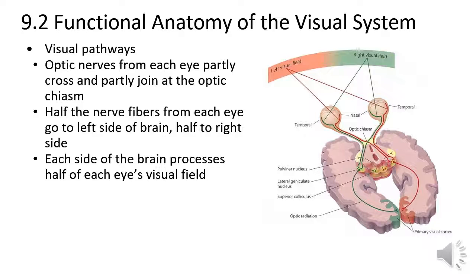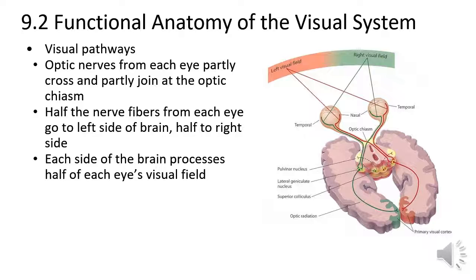Okay, so there are a number of different visual pathways, but after the visual information leaves the retina, the optic nerves from the retinal ganglion cells of each eye partly cross and then partly join again in the optic chiasm. The optic chiasm is this little X place right at the bottom of the brain.